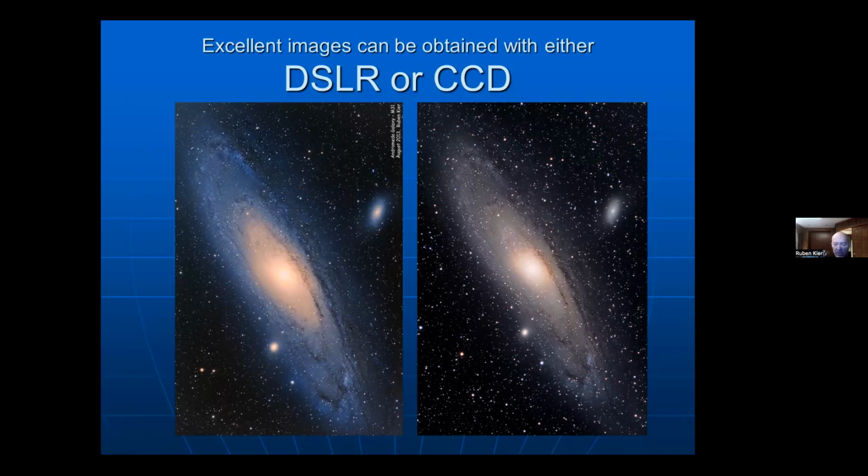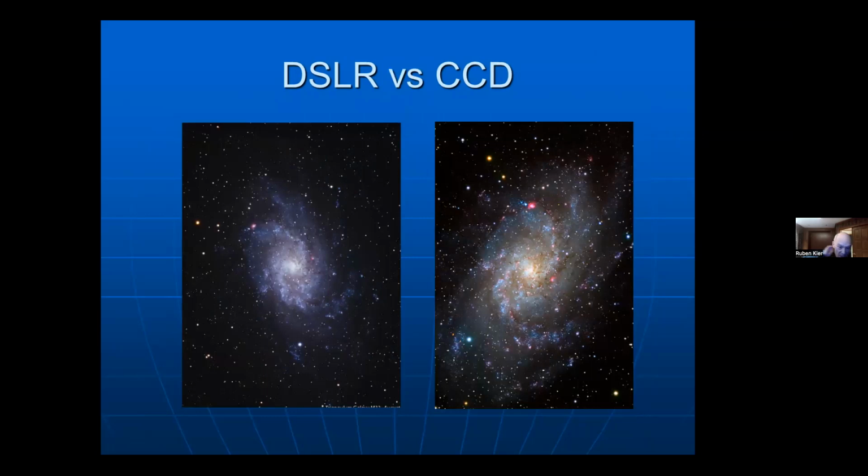I think DSLRs are now so good that you can do extremely well with either one. The big advantage of CCD, of course, is you can do narrowband imaging, which you can't do with DSLRs. You can also cool down the camera. So another big advantage. There's another example of DSLR versus CCD.